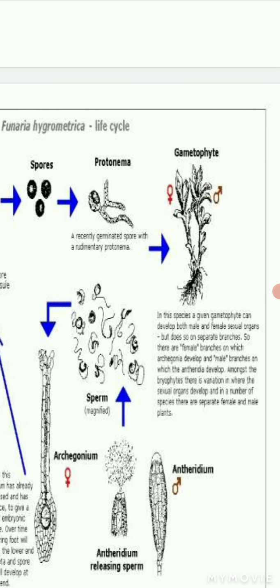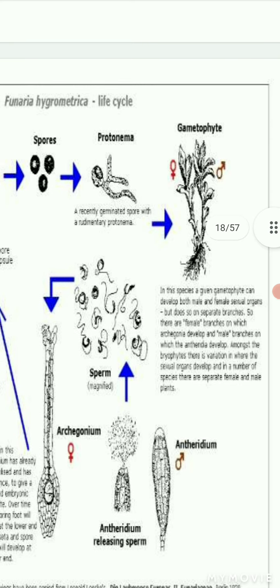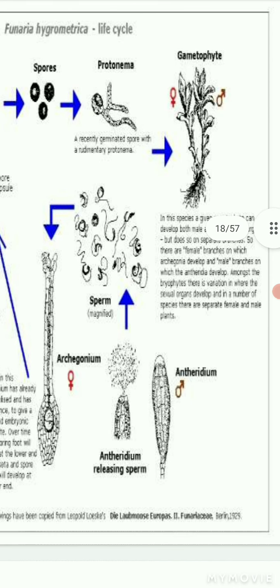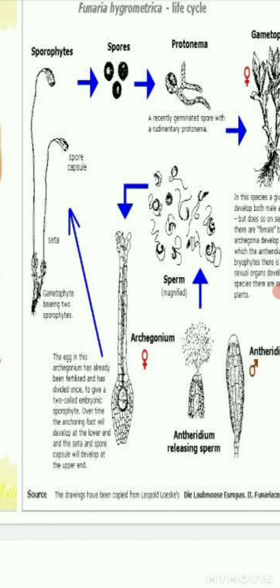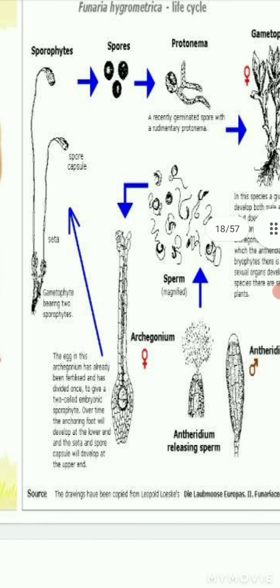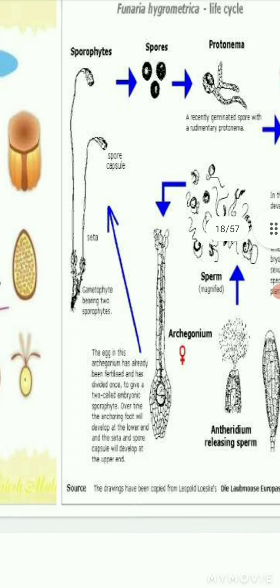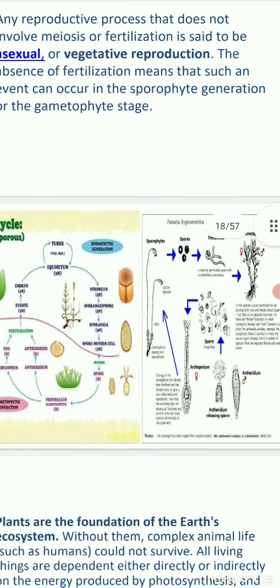That gametophyte develops male gametophyte branches and female gametophyte branches, which develop antheridium or archegonium. Both develop sperms and eggs. After the union of these two gametes, there is again development of a sporophytic plant. So these are two different examples of alternation of generation.